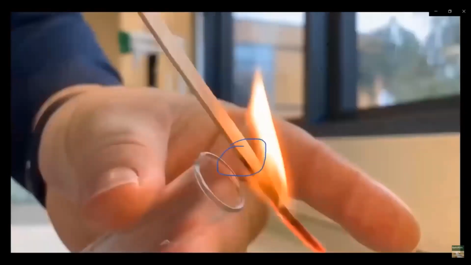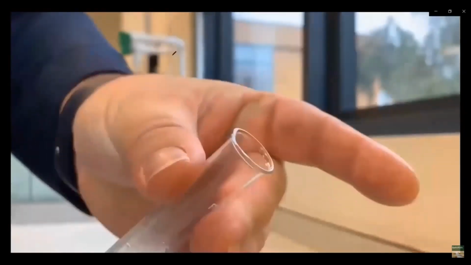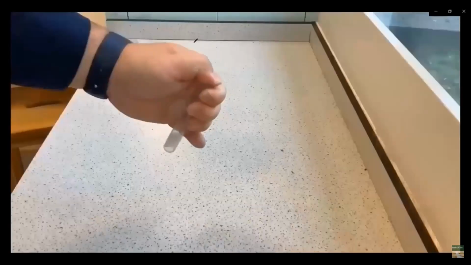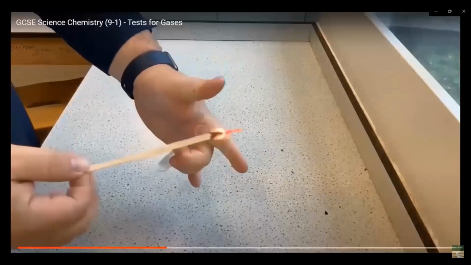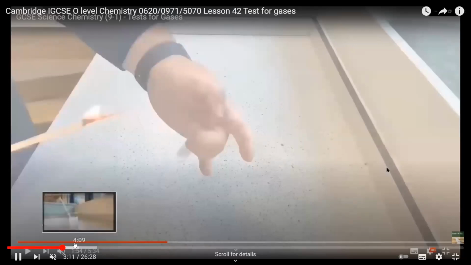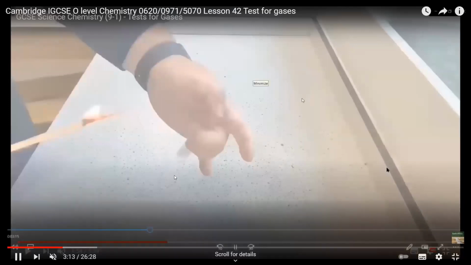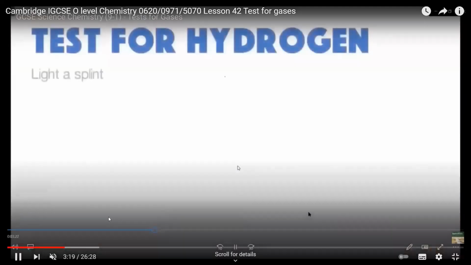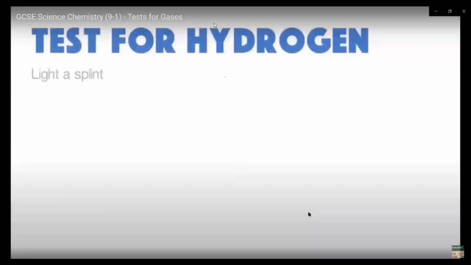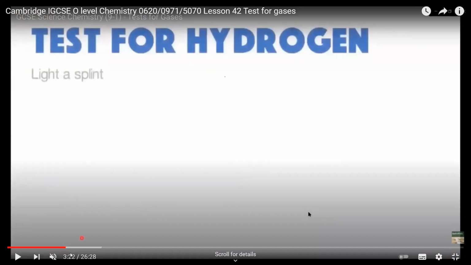That's why we say that hydrogen gas with a lighted splint will produce a pop sound. So this is the second test, the test for hydrogen gas.